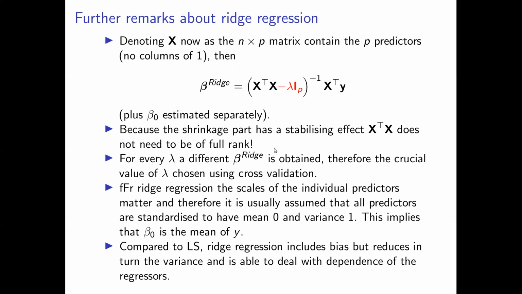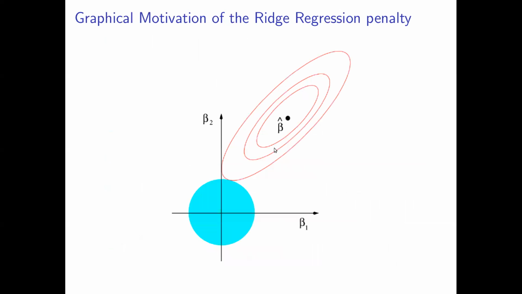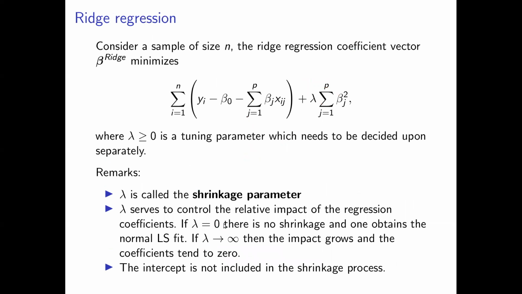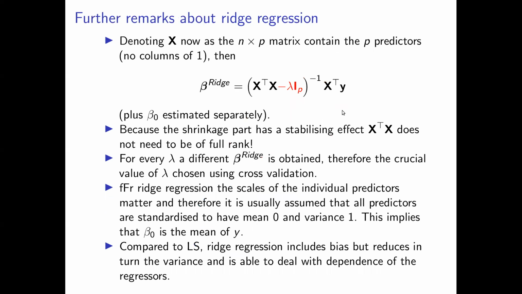So as we see, when we get this lambda close to 0, we basically remove all the shrinkage. If we increase it more and more towards infinity, the influence of the shrinkage will be larger and larger. Therefore, all the properties and the estimates themselves crucially depend on the choice of lambda.